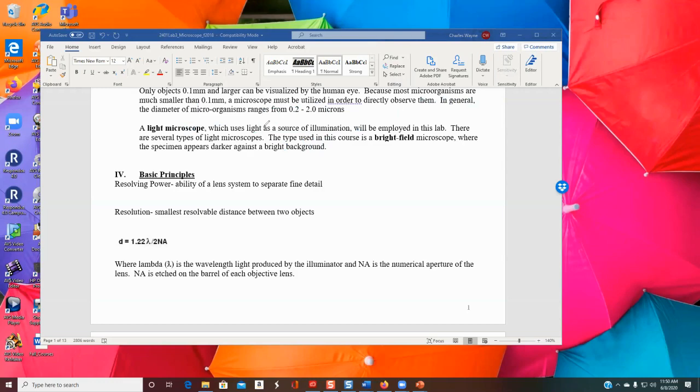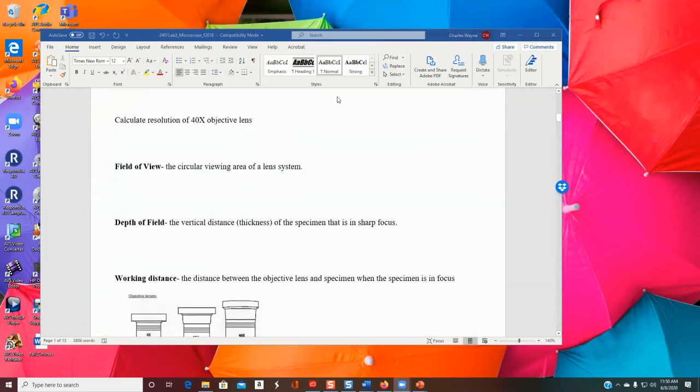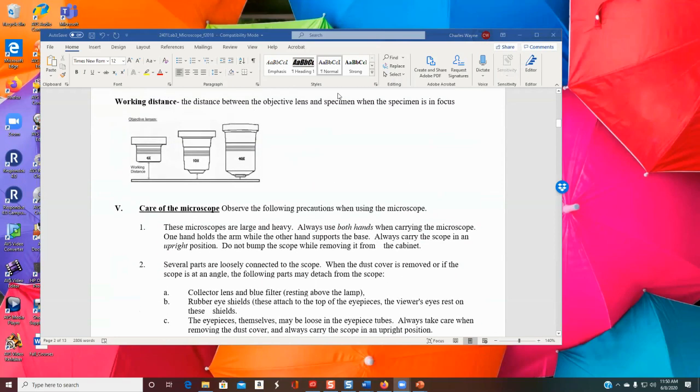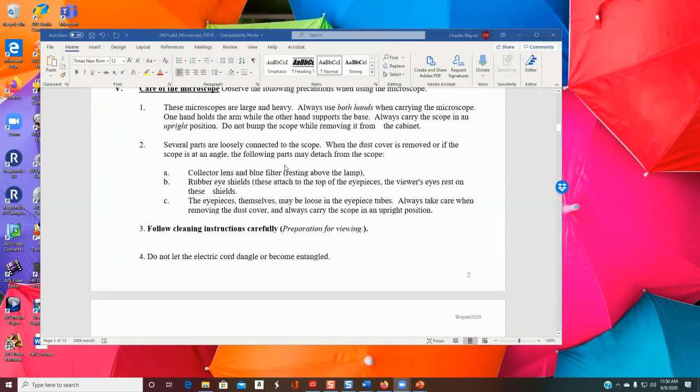Let's go back to the microscope. Now, these are 3 objective lenses, and you'll notice there's a 4x, a 10x, and a 40x on them. That is the power of the objective lens. Very important. The power of the objective lens.